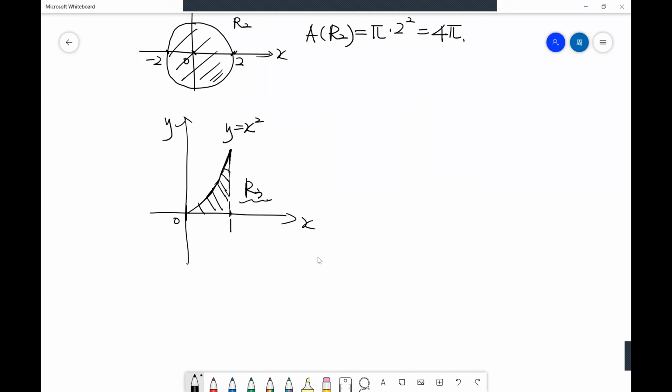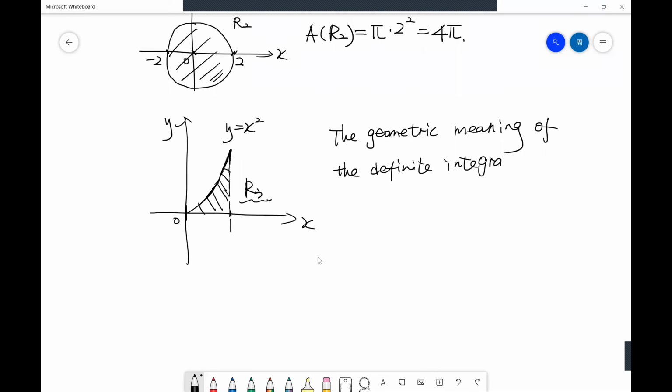So that means the first thing you should know is the geometric meaning of the definite integral is the area of the region.